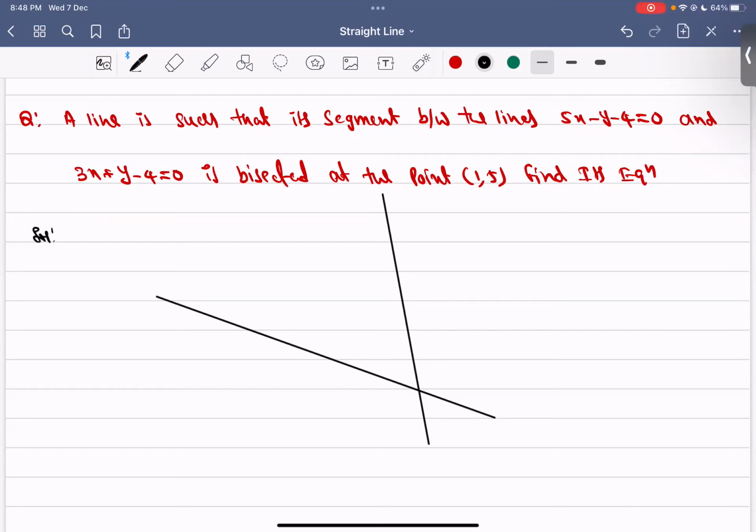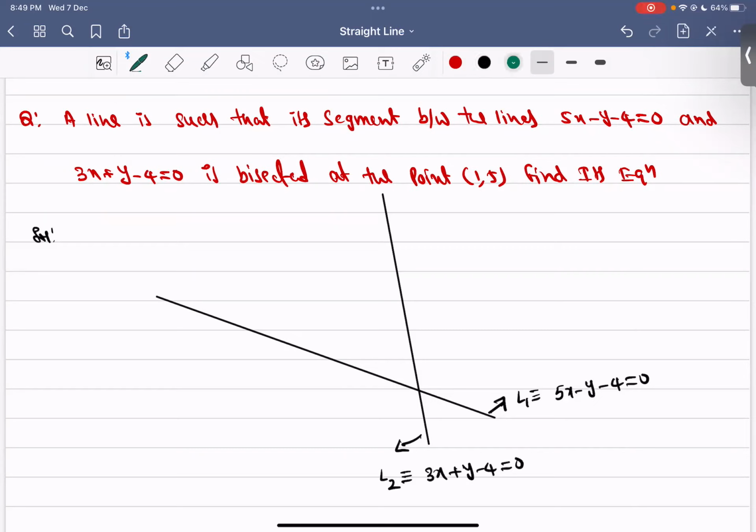Now a line is such that its segment between these two lines is bisected at the point 1, 5. The first line L1 is 5x minus y minus 4 is equal to 0, and the second line L2 is 3x plus y minus 4 is equal to 0.